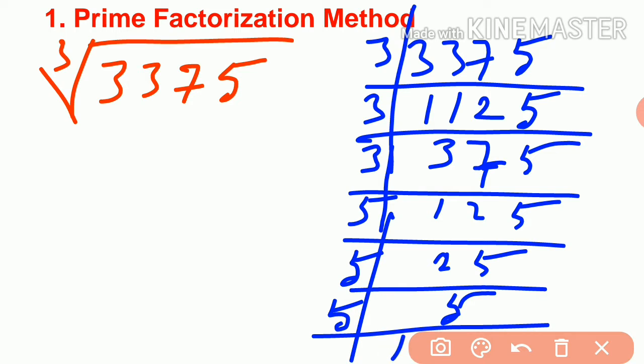In this way we can see that this number can be written as the factor of 3 times 3 times 3 and 5 times 5 times 5.